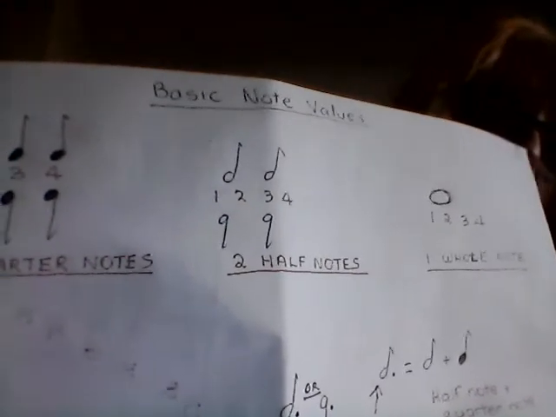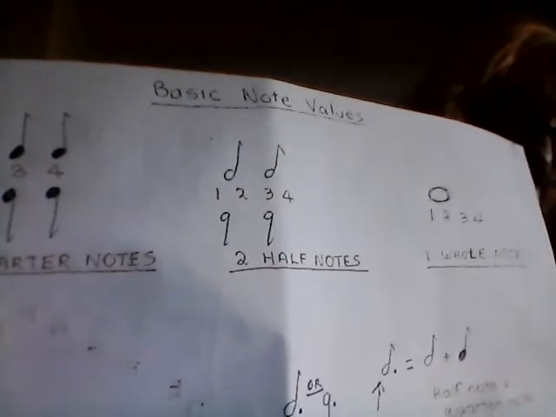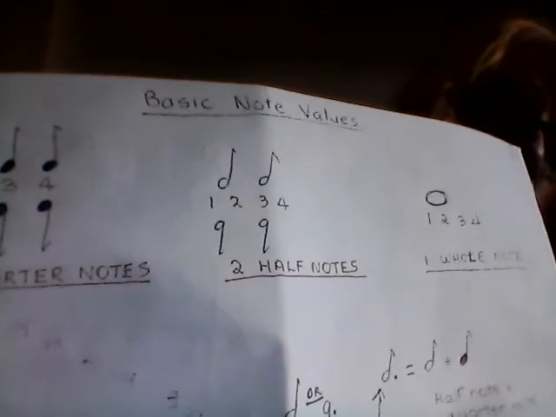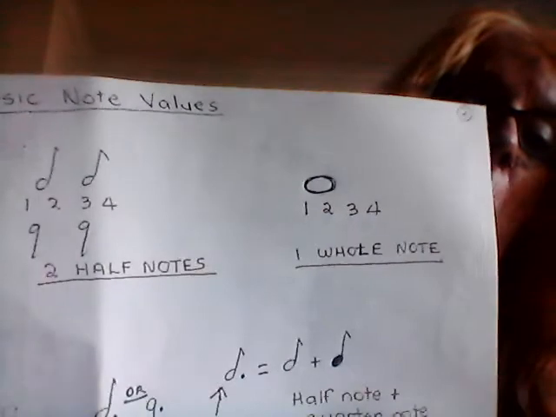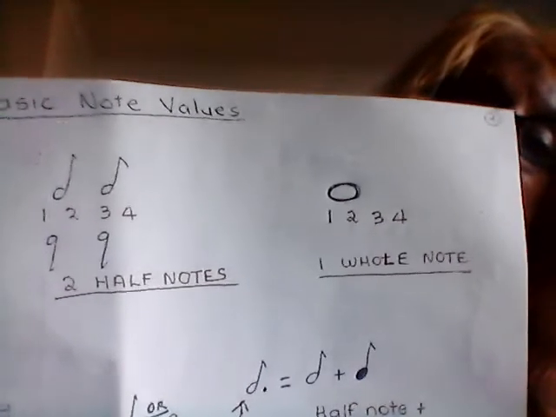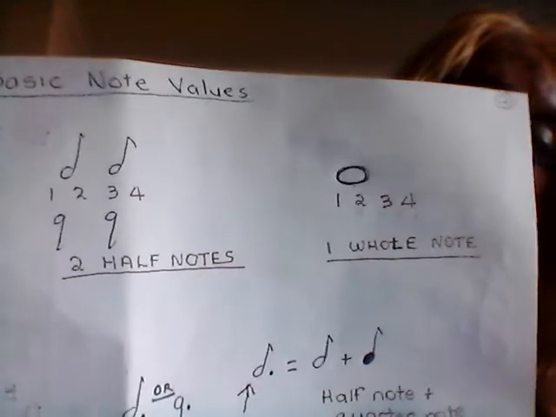It remains see-through, for want of a better word, and they're 2 half notes. So each note is 1, 2, and then 3, 4. Then you have 1 whole note, which looks like a big 0 on its side, and it's for 1, 2, 3, 4, that note.